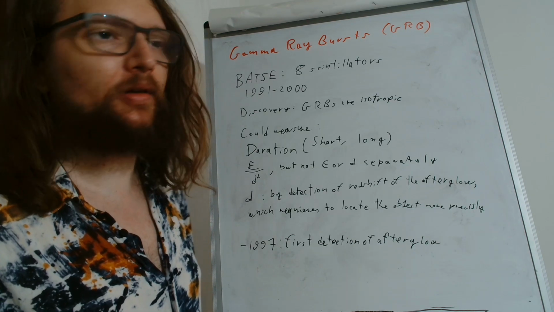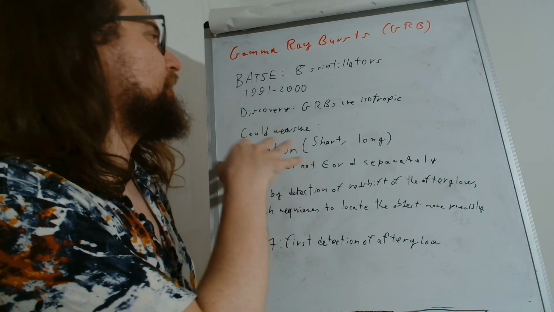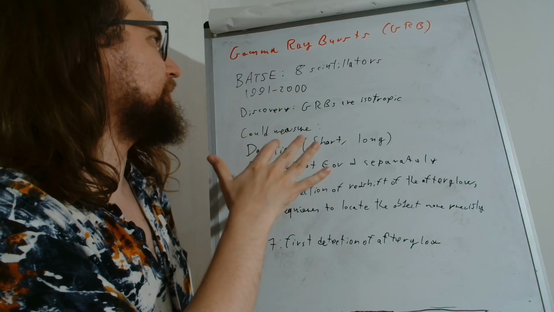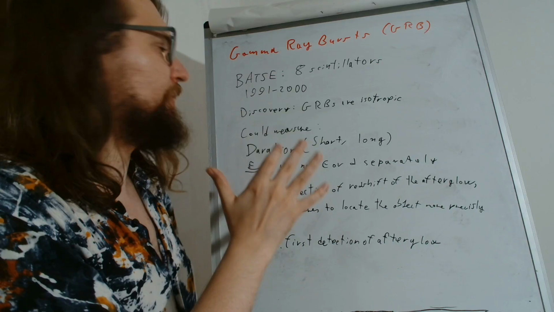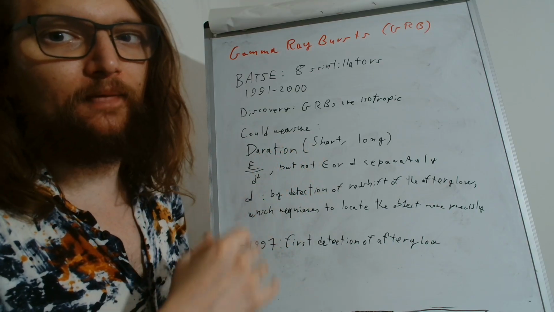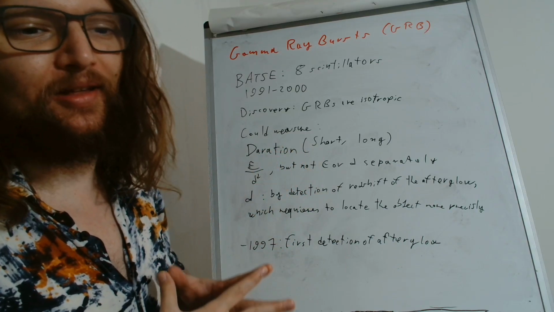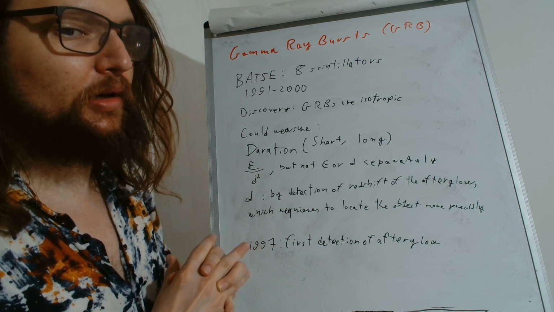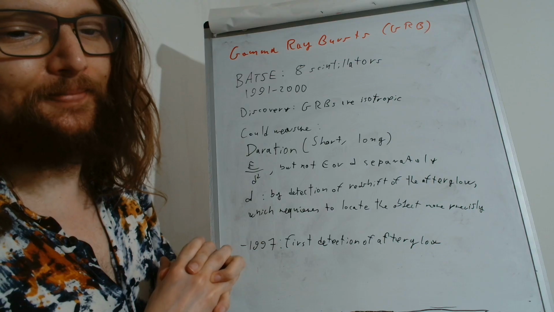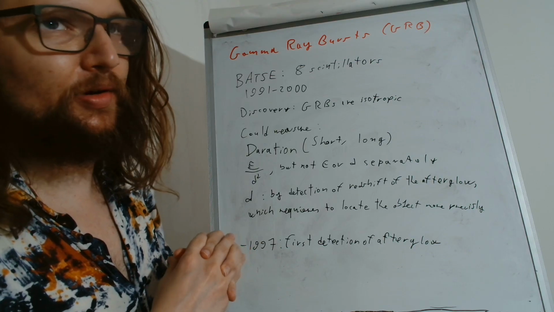Important observations from 1991 to 2000 were done by Batse, mentioned before. It had 8 scintillators because gamma ray bursts are quite rare events, and so if you do not want to miss them, you need to have a view of the whole sky.